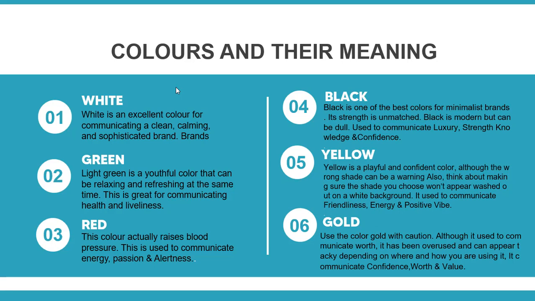If we want to go deeper, we talk about gradients. A gradient is a mixture of different colors in different ways. We can't finish everything on colors, but this is just to give you an idea of what color is and what their meaning is.